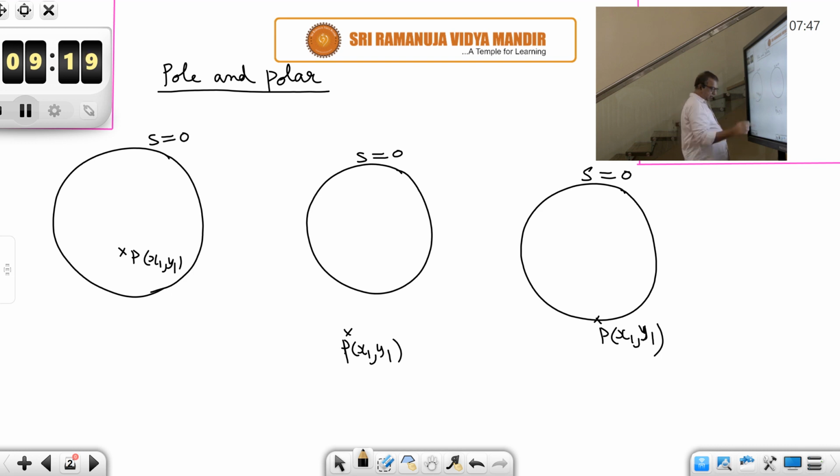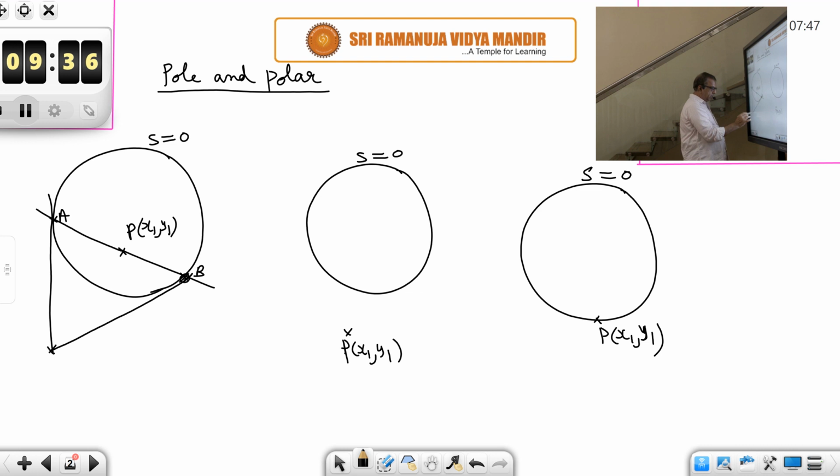Definition of polar is, so what we are doing? Through P, to find the polar, what we are doing? Through P we are drawing a line intersecting the circle at A and B. At A and B we are drawing tangents.